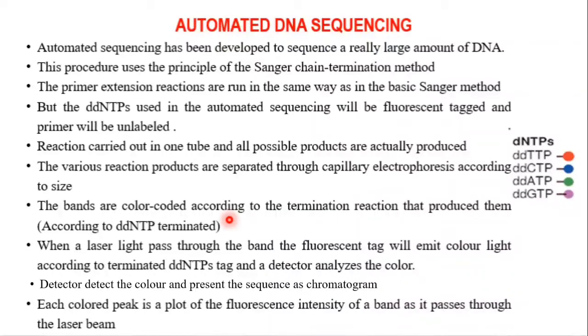After separation, when we pass laser light through this gel, the fluorescently tagged ddNTPs that terminated the DNA fragment will be observed as a band in the capillary electrophoresis tube.